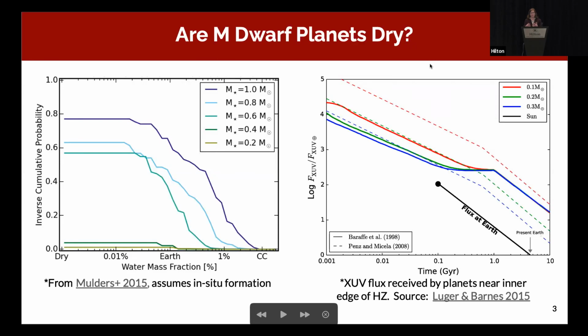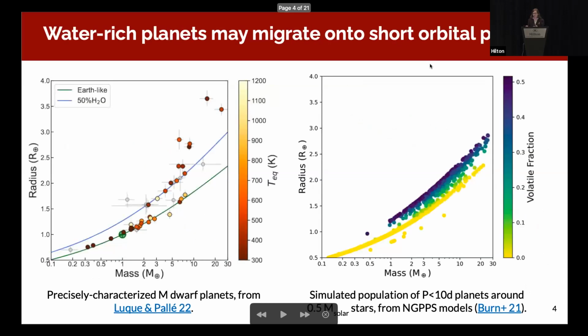They'll typically have extremely low volatile contents. And in addition, as you can see in the plot on the right, M dwarfs in general just emit a larger fraction of their radiation as XUV, and so planets are expected to lose a large fraction of whatever volatiles they were able to form over the course of their lifetimes.